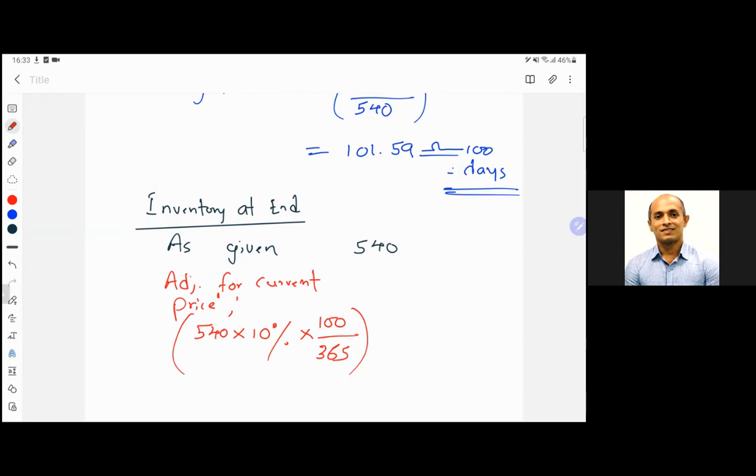Then how much is the adjustment? 14.7. You can say 15. The adjustment for current price is 15.